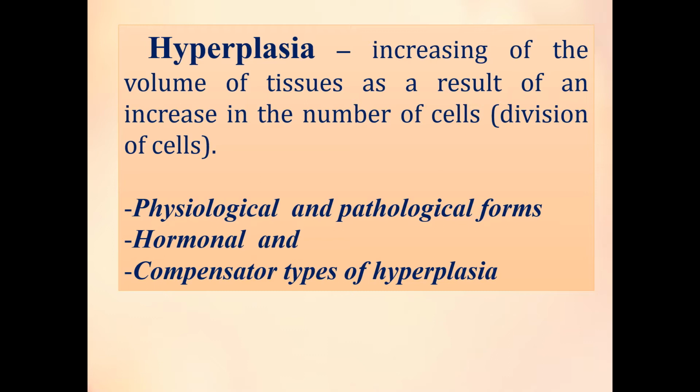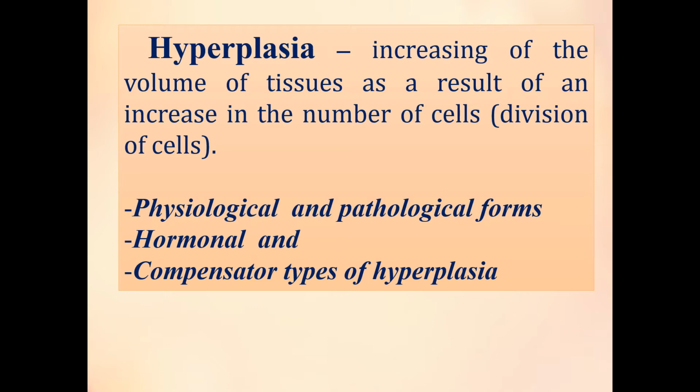The glandular epithelium of the breast in women during puberty and pregnancy is an example of physiological hormonal hyperplasia. And in compensatory hyperplasia, after partial resection of the liver, the number of remaining cells increases due to mitosis. As a result, the liver restores its normal mass.